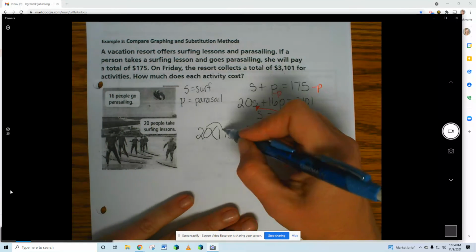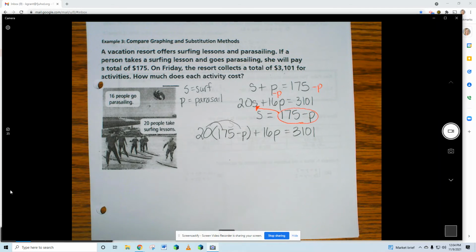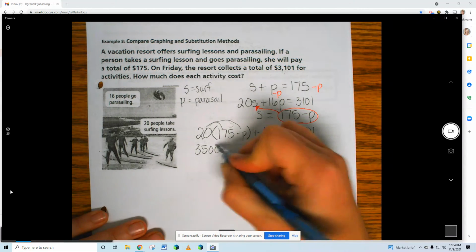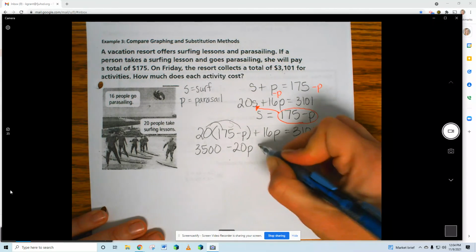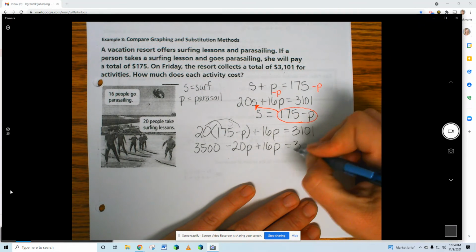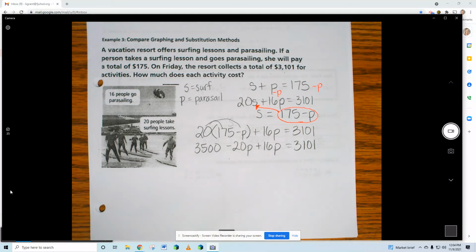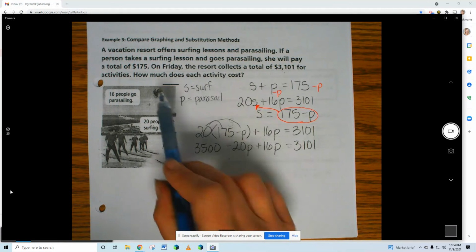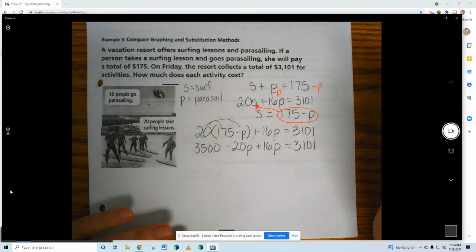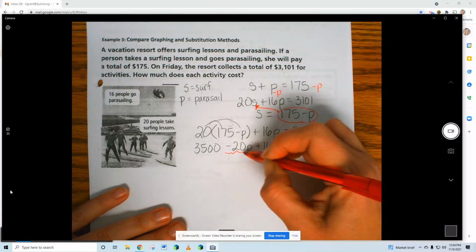So go ahead. Well, I will do it for you. 175 times 20 is 3,500 minus 20P plus 16P. So now I'm just isolating my P. I want parasailing alone. What are we finding? How much does each cost? Here are my like terms.